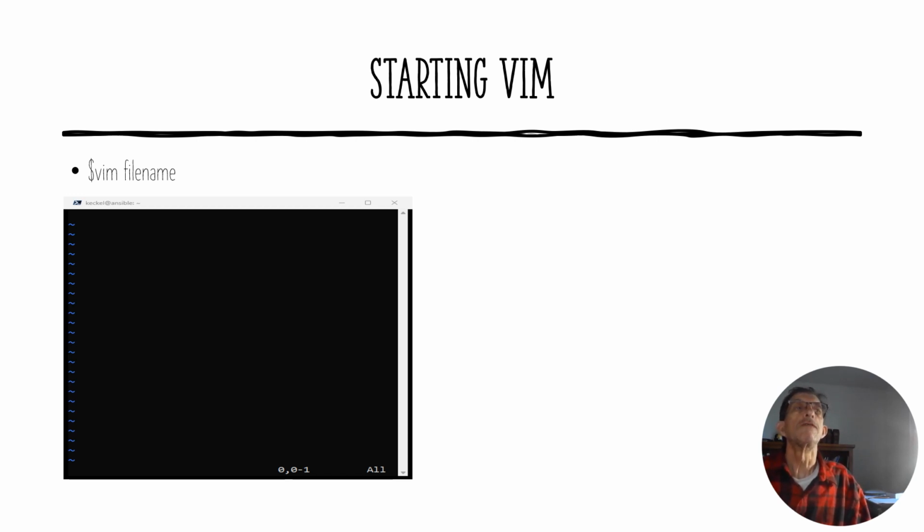Now to enter Vim, you simply type Vim space and then the file name, whatever you want to name that file. And it will create a file if the file does not exist. Now, understand that if you don't put a directory path, it will create this file in your current directory.